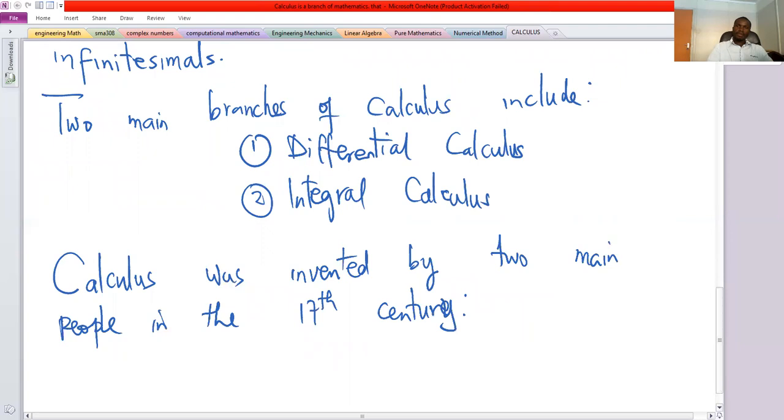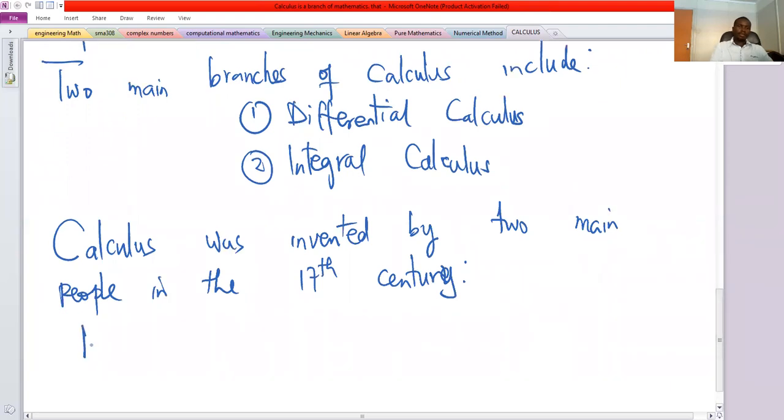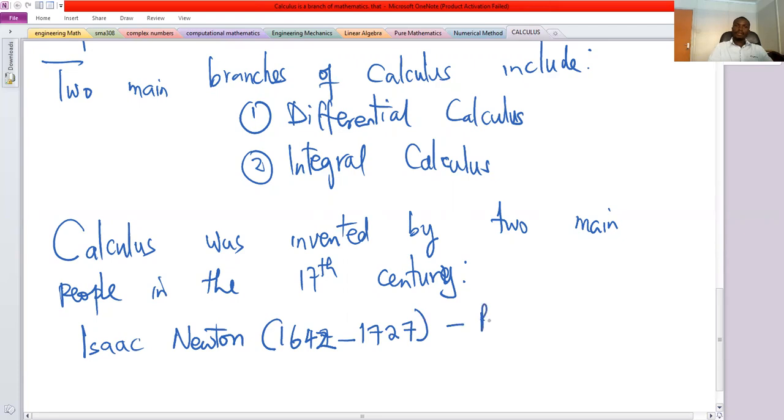The first person was called Isaac Newton, who lived from 1642 to around 1726 or 27. This was a British scientist.